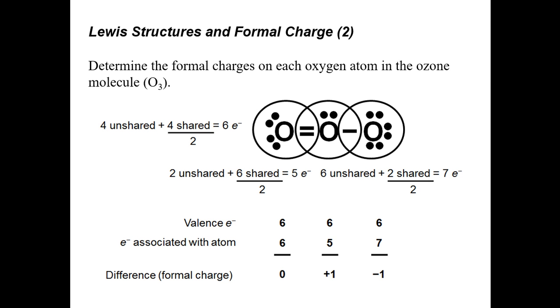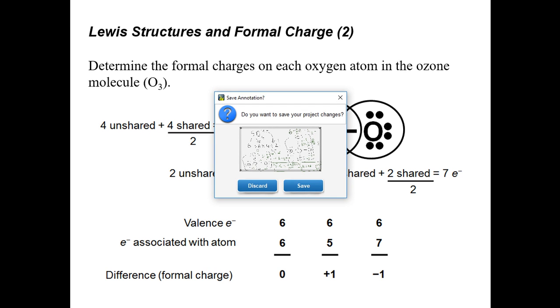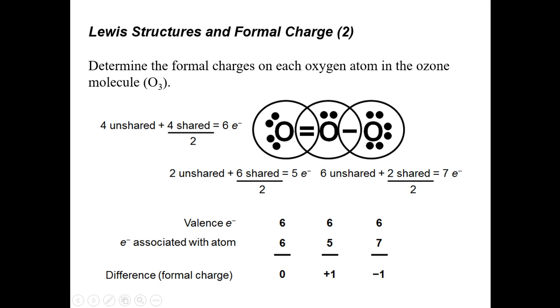Okay, so similarly you can see how to find the formal charge on this particular compound. They found the valence electrons and shared electrons, and they divide by 2. So like that they find the electrons associated with it. But you can always find the formal charge.